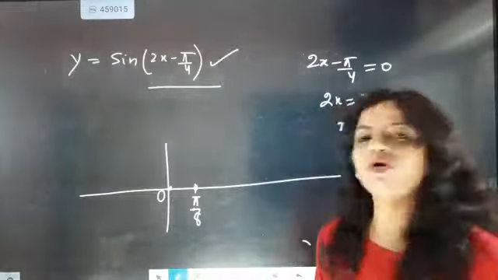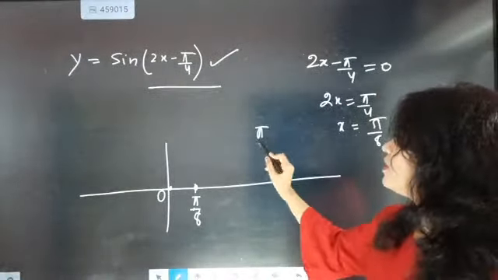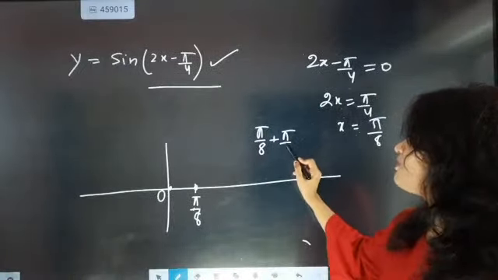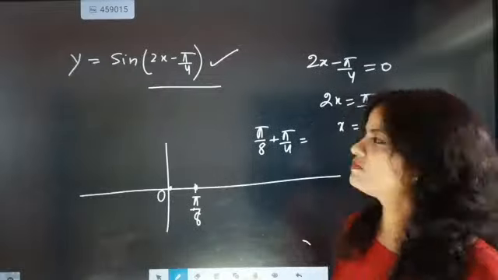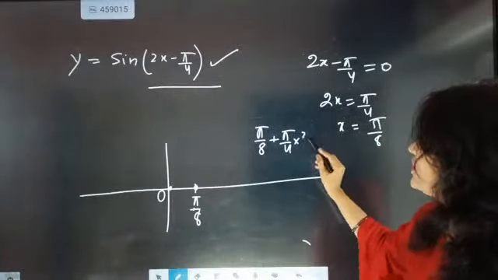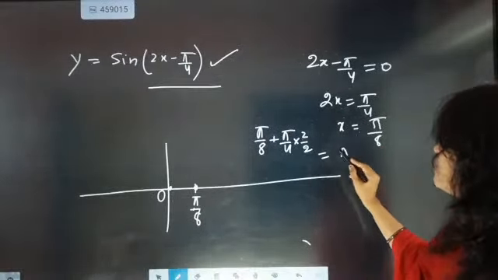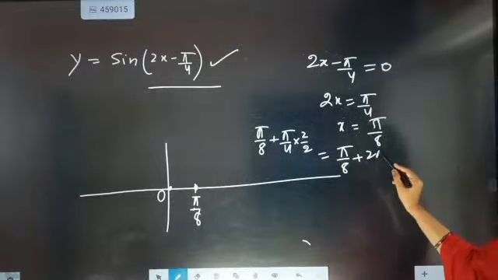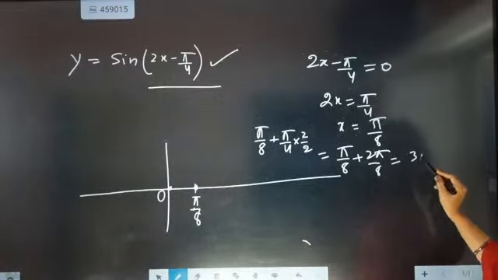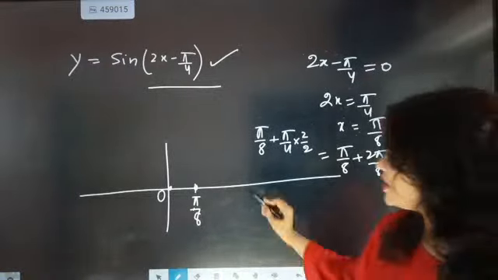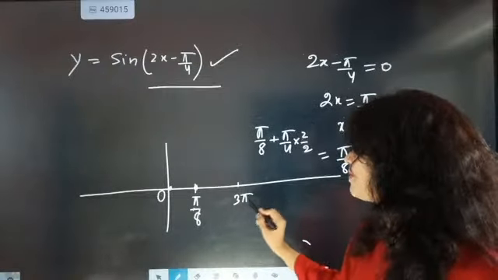Every time keep on adding pi by 4. Pi by 8 plus pi by 4, how much is it going to come? You will just multiply it with 2 up, 2 down. So it will come pi by 8 plus 2 pi by 8, that is 3 pi by 8. That means 100% the next point will be 3 pi by 8.